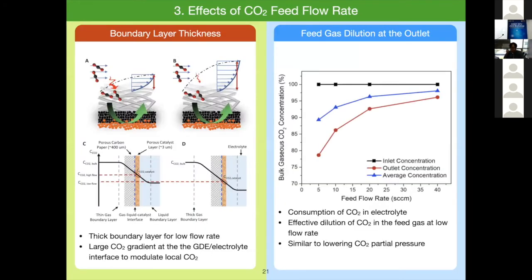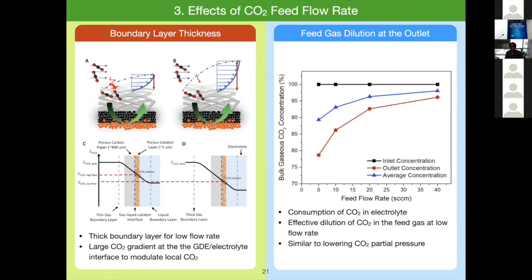And the third way is to control the CO2 feed flow rate. By changing the CO2 flow rate, you can change the boundary layer thickness in the gas chamber side, which makes the gradient different. So you can change the average local CO2 concentration in the catalytic layer.